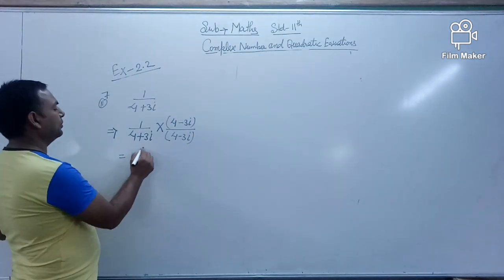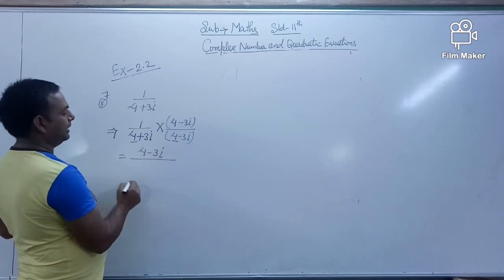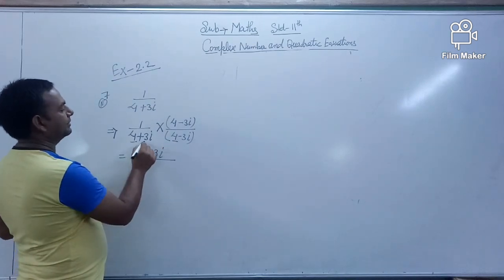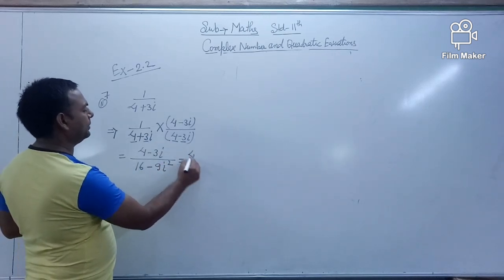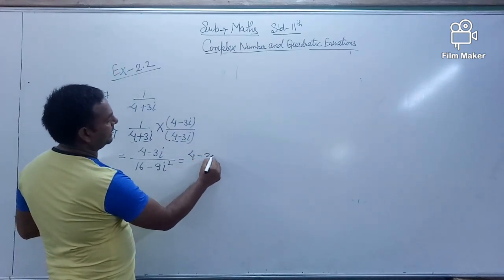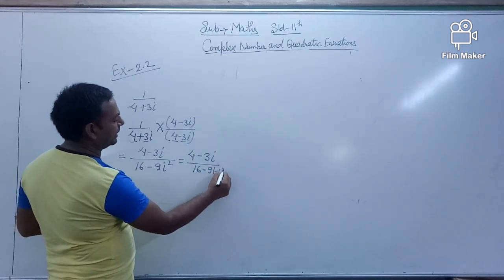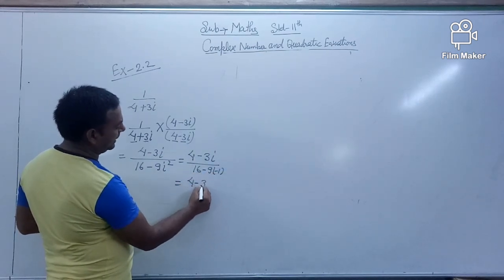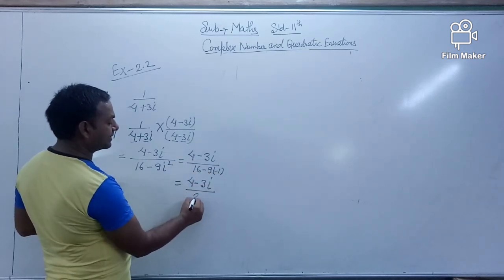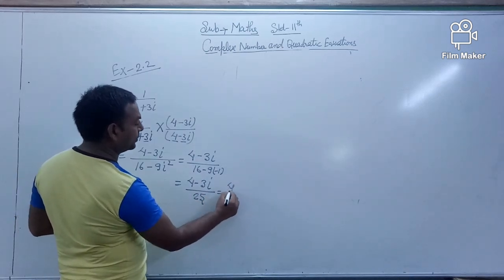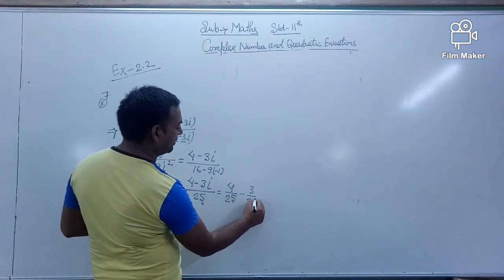So here you see a square minus b square: 4 fours are 16, 3 threes are 9, minus 9i square. So this is 4 minus 3i upon 16 minus 9i square, and i square is minus 1. So 4 minus 3i upon 16, minus minus plus, so 16 plus 9, it is 25. So that is equal to 4 upon 25 minus 3 upon 25 i.